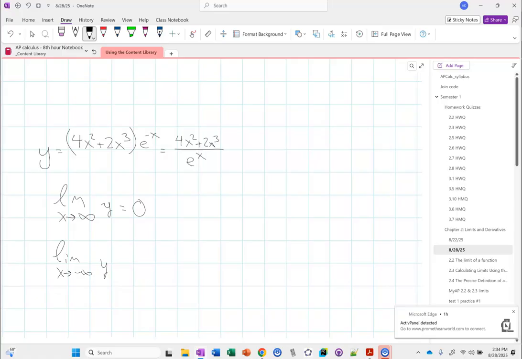Now the negative: if I put a negative in down here, I have a negative exponent. That's really kind of the same thing as going to positive infinity of this with a positive exponent, right? If I plug in, this is just going to be like infinity times infinity. So it's infinity. So that has no horizontal asymptote. Nothing is happening on this end. So I have just y equals 0.